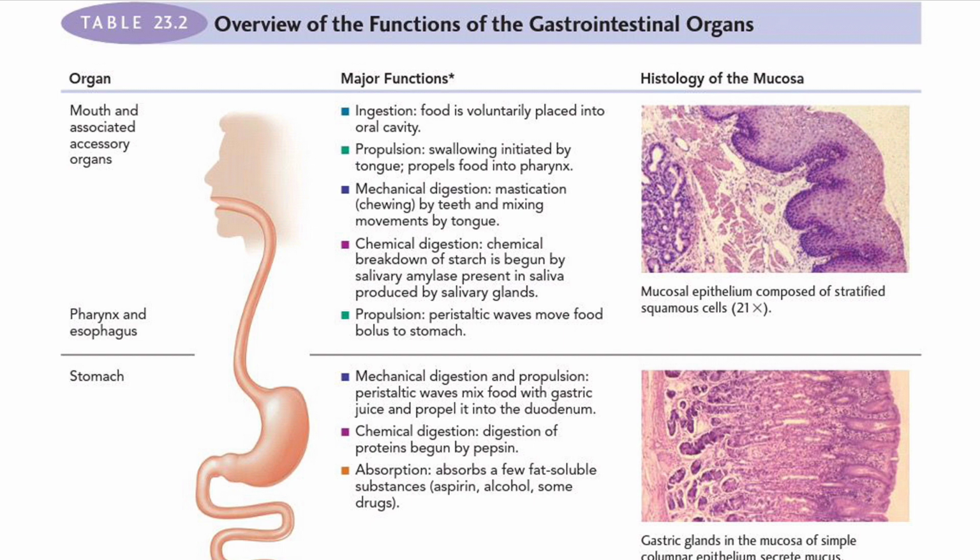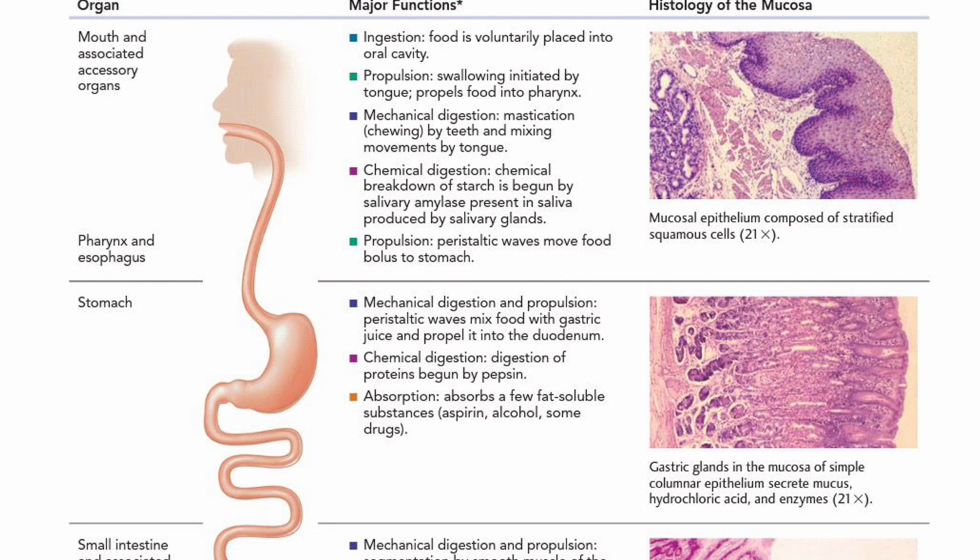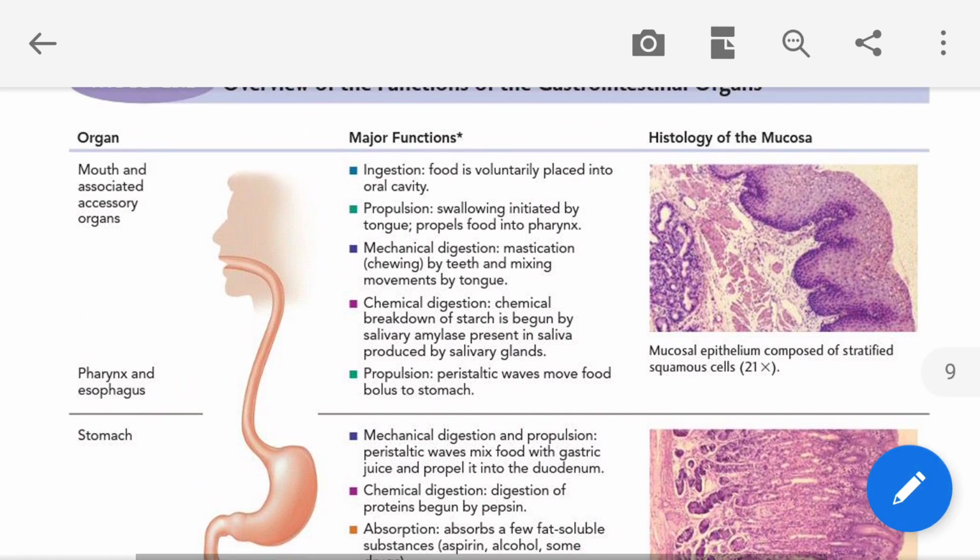For example, you need to be aware which are the digestive organs, which are the accessory digestive organs, what are their roles, what are their structures, and which activities are taking place amongst them. So you should be familiar with this.